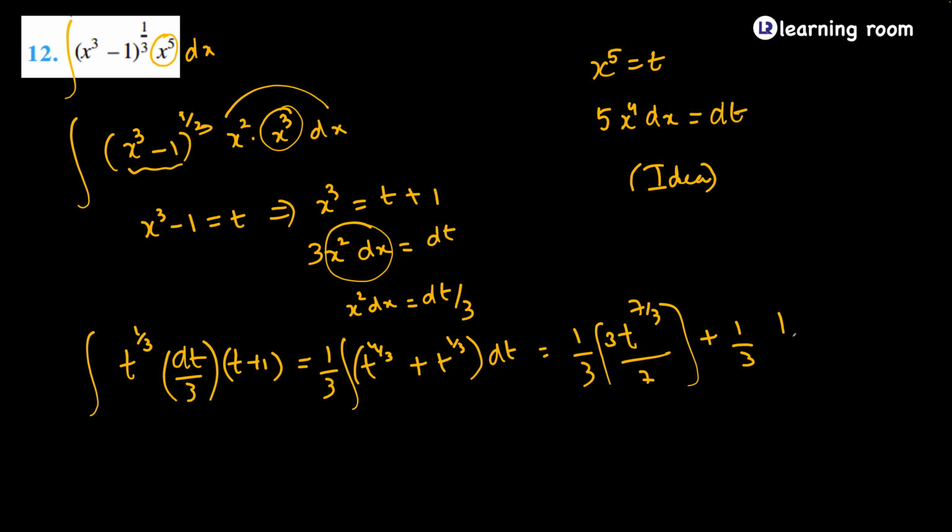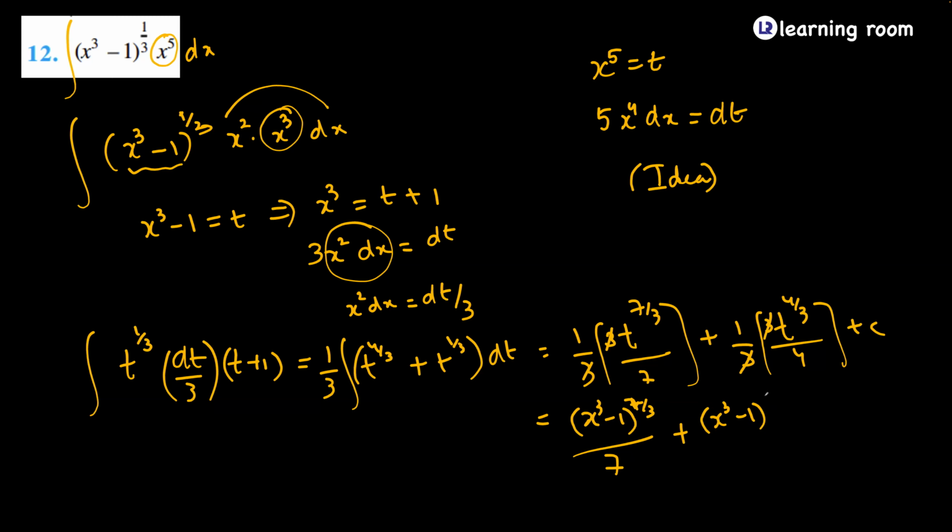It will be t power 4 by 3 divided by 4 by 3, and 3 will go here, plus c. So 3 and 3 will get cancelled. What is the value of t? x cube minus 1. So it is (x cube minus 1) the whole power 7 by 3 by 7, plus (x cube minus 1) the whole power 4 by 3 by 4, plus c. Is the point clear? Right.